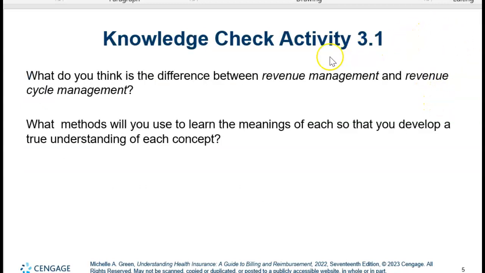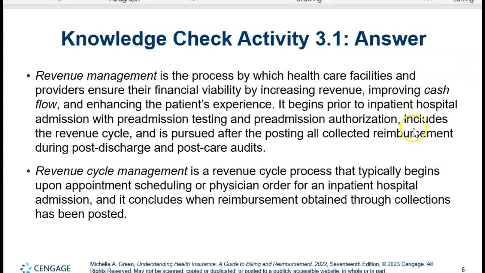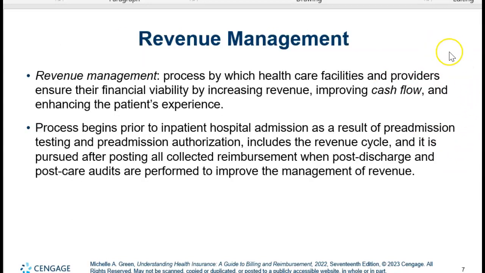So knowledge check activity 3.1 talks about revenue management and revenue cycle management. So go ahead, look those up. And here it gives you the definitions of both. But it goes into a little more detail on the next slide.